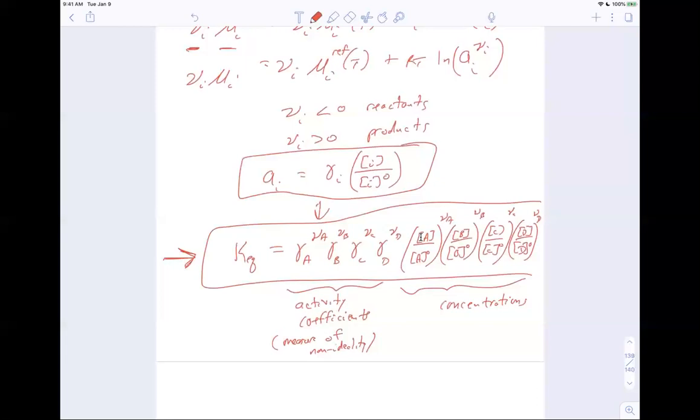This is reality: things are non-ideal. And so this is what the equilibrium constant would be like once we allow for non-ideality. This applies to gases, solids, and liquids. And you see here that the equilibrium constant is dimensionless, as it has to be rigorously if we believe the first and second laws of thermodynamics.